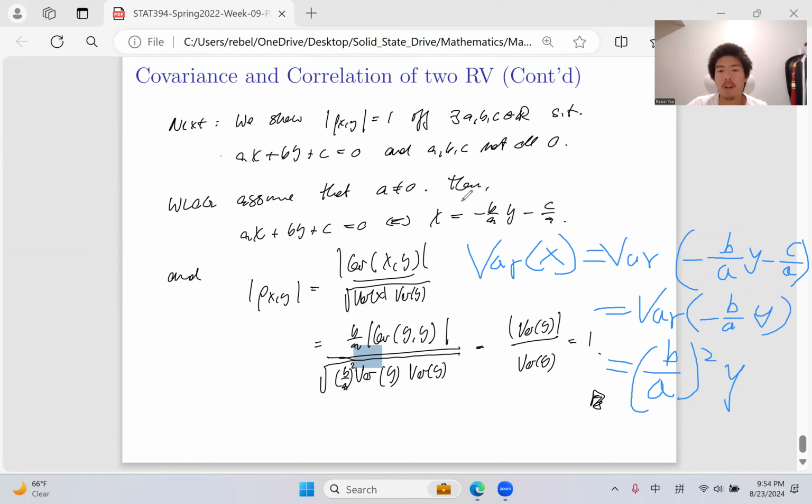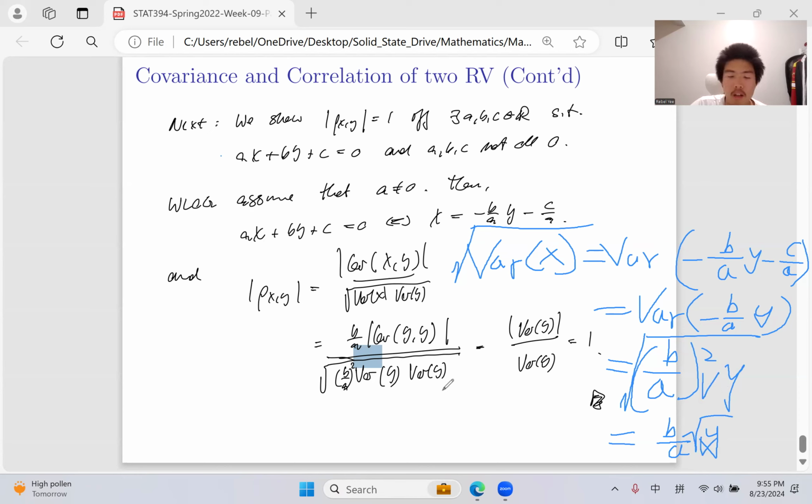So this is the result. And when we consider the root square of this one, it becomes b over a times the root square of the variance of y. And this one is the covariance of y and y, and by the lemma we just mentioned above, this is the variance of y times b over a. So they are just equal and the ratio becomes 1 in the end.